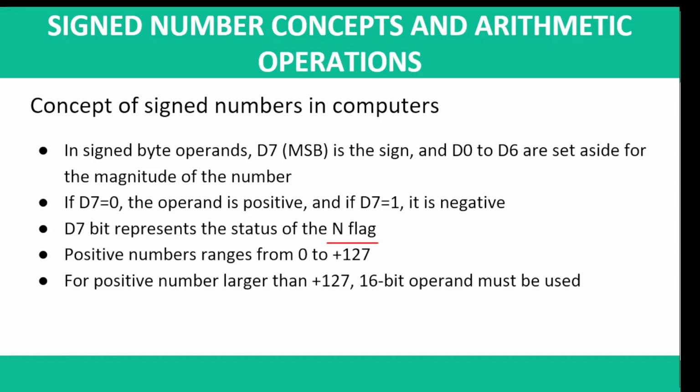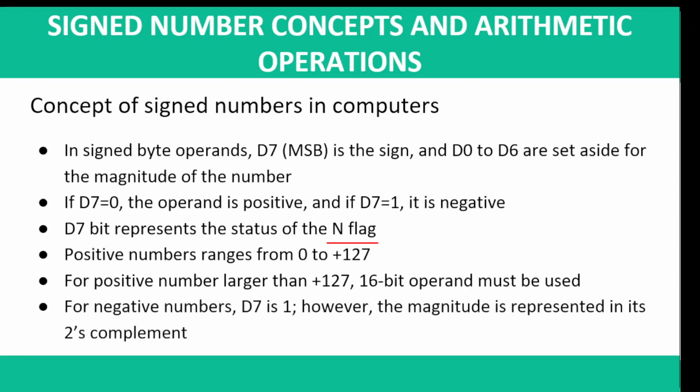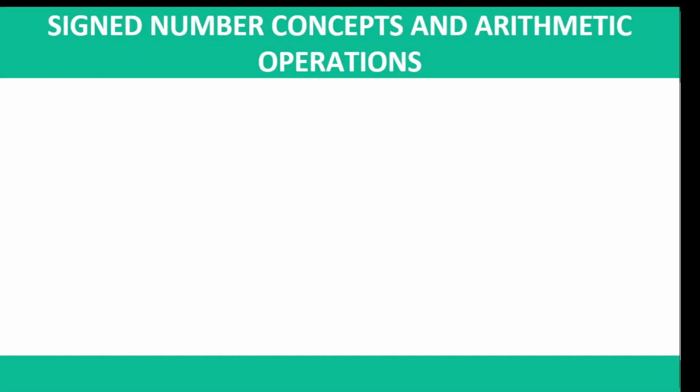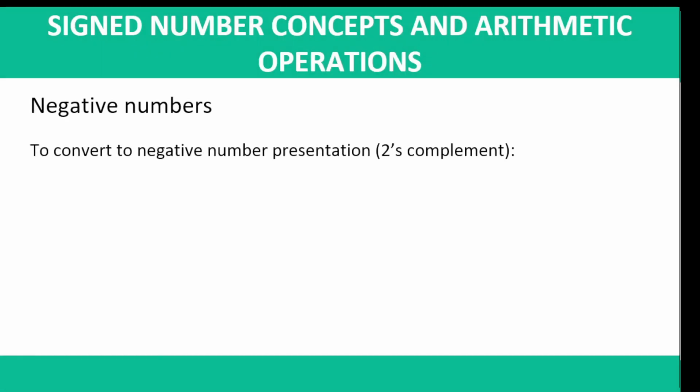So, in order to have a negative number, again, D7 is 1. However, the magnitude is represented in its 2's complement. So the last digit is always 1 if negative, and the rest, digits 0 to 6, is the 2's complement of the magnitude.